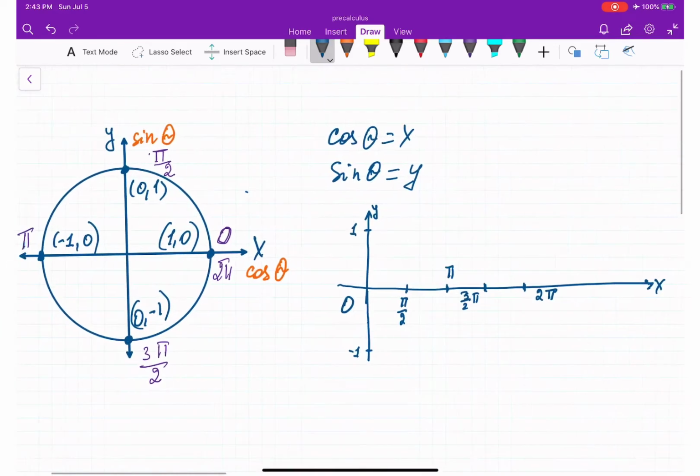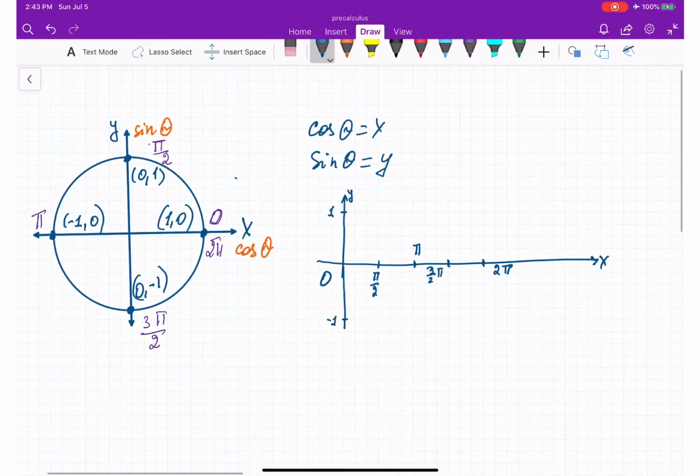Okay, now let's move points from the unit circle to our graph. At the point of 0 radians, how much is my sine? It's going to be 0, right? So it's right here, this point. At the point of half a pi, my y is equal to 1. Okay, so I provide dashes. This is 1.